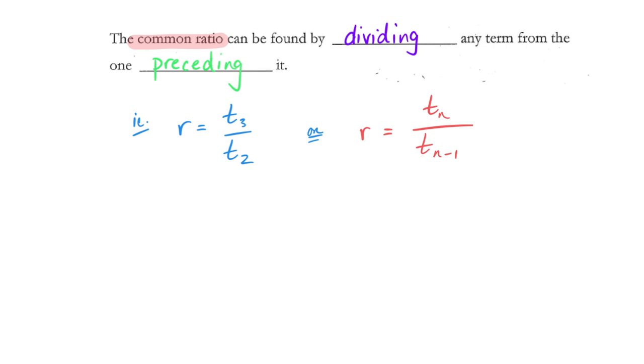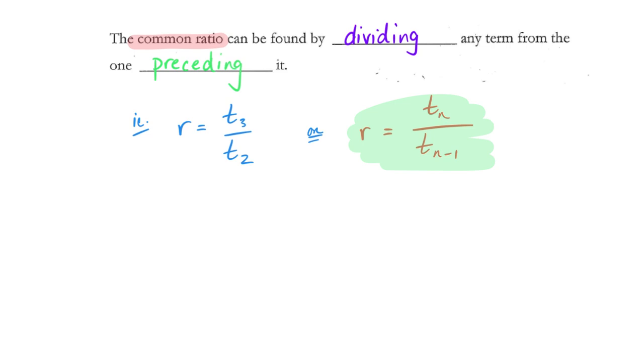What you see in red would be the generic way that we could find r. That would be a general statement for us: we could find r by taking any term, term n, and dividing it by the one that came before it, term n minus 1. So if we're having trouble seeing how we're changing from term to term, this gives us a way to calculate it.